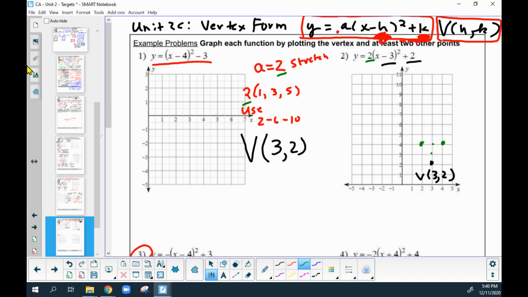From that place, you're going to count 6 up, 1, 2, 3, 4, 5, 6, and up 1 more. And then because we already have a symmetry line here, this invisible folding line, this is 2 away, so this is 2 away. And there you have, very quickly, your parabola. We just need to label the points now so everybody understands.